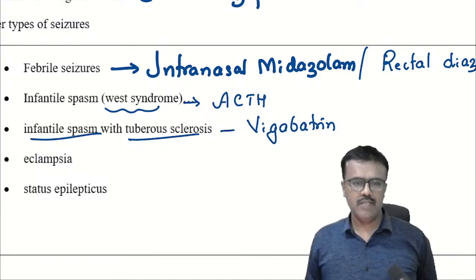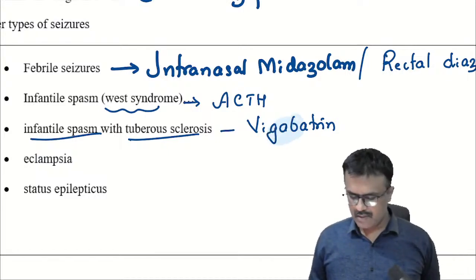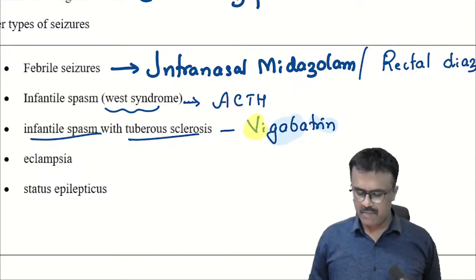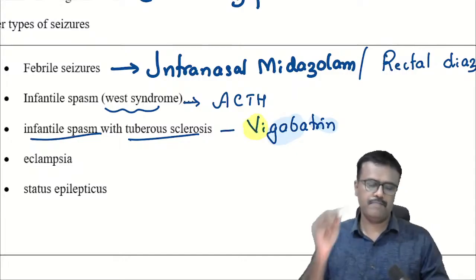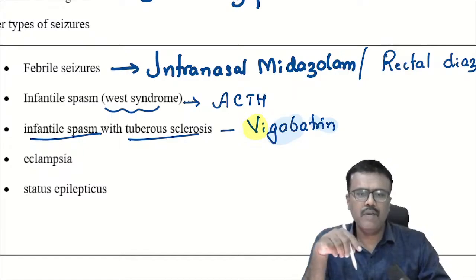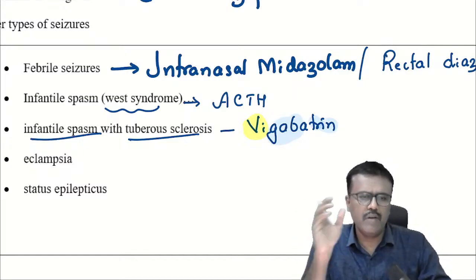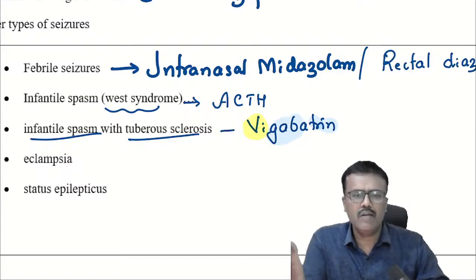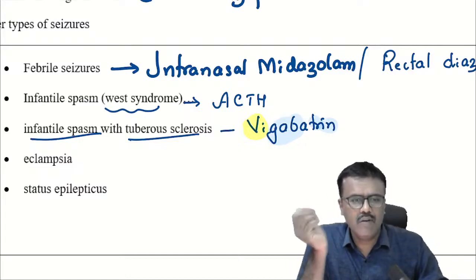Vigabatrin mechanism easy to remember. It's a GABA transaminase inhibitor. But the adverse effect of vigabatrin is vision impairment. That is why even though it is a very effective drug for infantile spasm, I don't want to give to infants, because infant cannot tell vision impairment. They cannot talk only, then why will they tell?